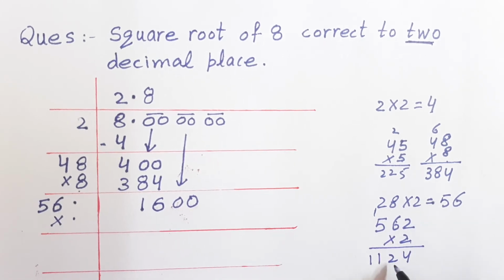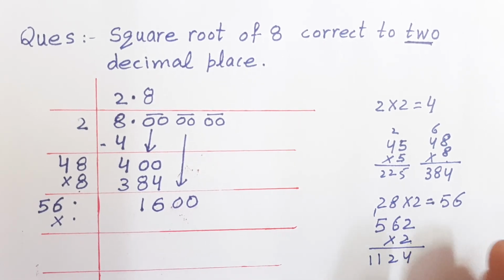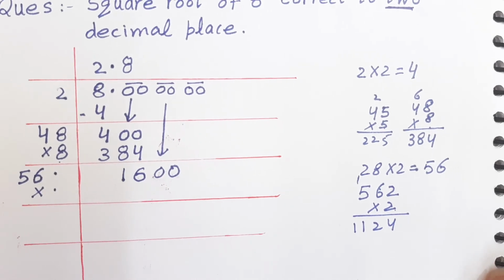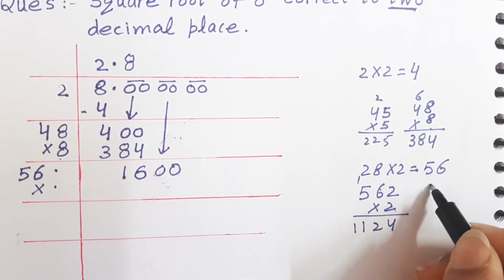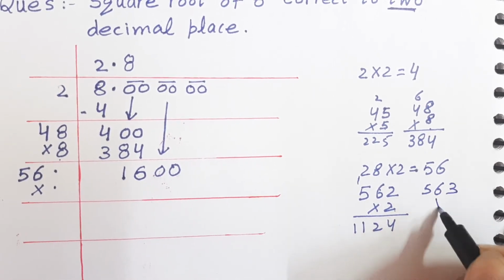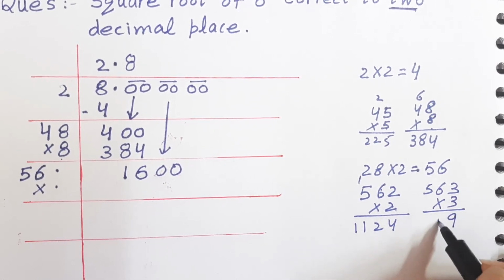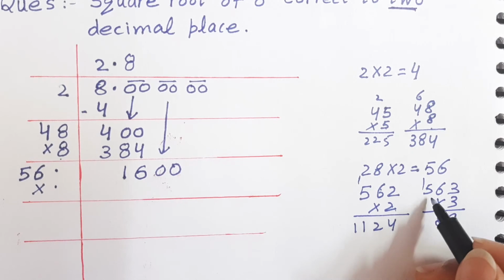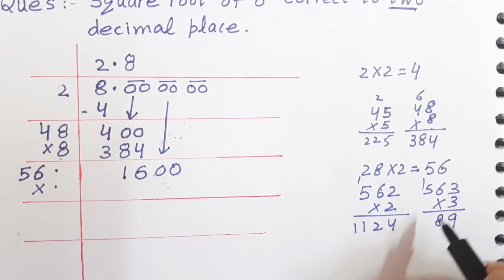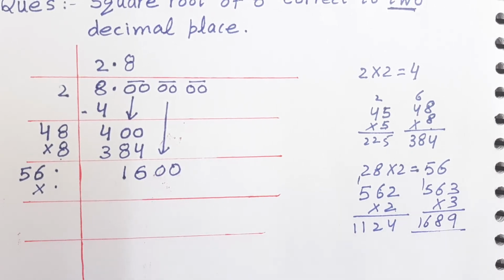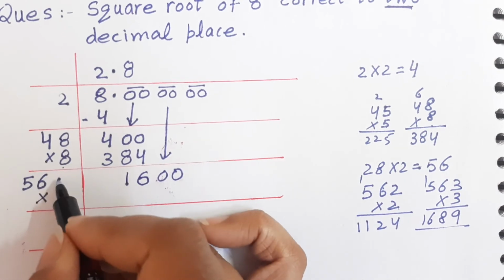I am very close to this. Let us try with one more number. Let's try with 3 also. 563, then 3 3s are 9, 6 3s are 18, then 3 5s are 15 and 6. Now you can see it is big, so we go with 2.